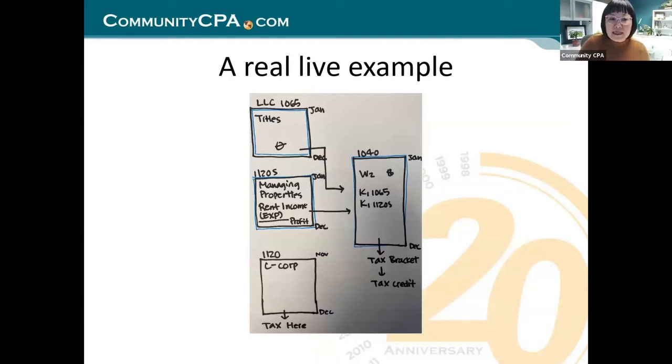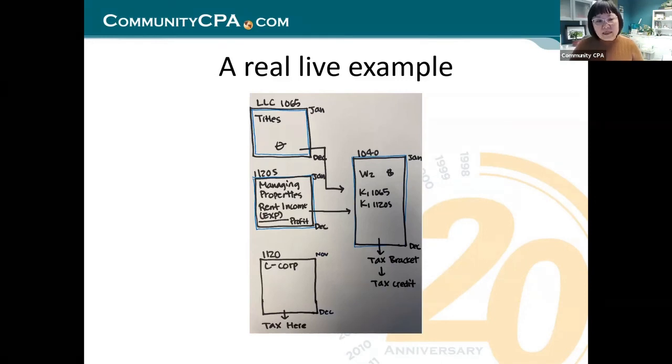This is an example about a real estate business. It's a real estate agent, and she also has rental properties going on, and she also does house flipping on the side. So this is her tax return, okay? On the 1040, she has a W-2 that she issued to herself from the commission that she made from the real estate company.